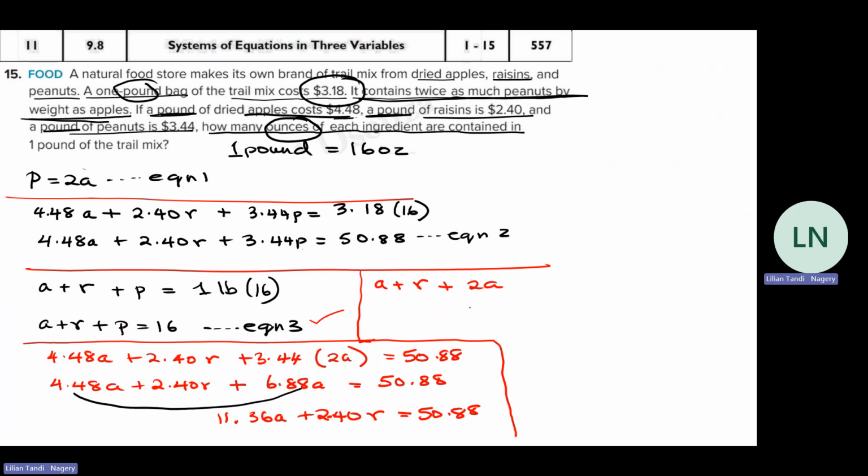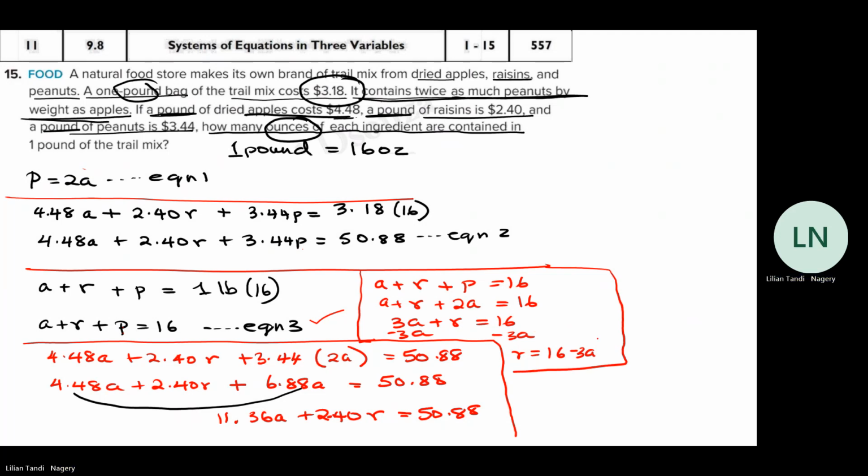Because P, wait, A plus R plus P equals 16. A plus R plus 2A equals 16. 3A plus R equals 16, minus 3A, minus 3A, R equals 16 minus 3A. Up to here, we are good. Now I will take this R and substitute it here.